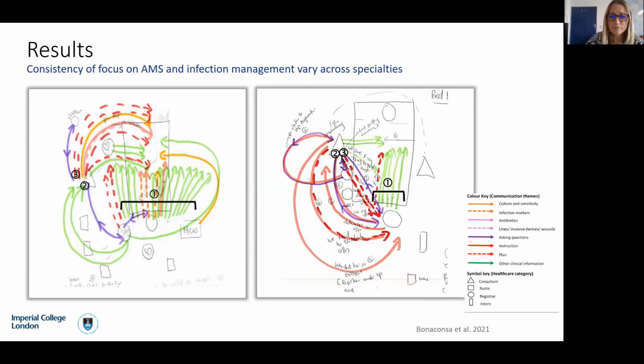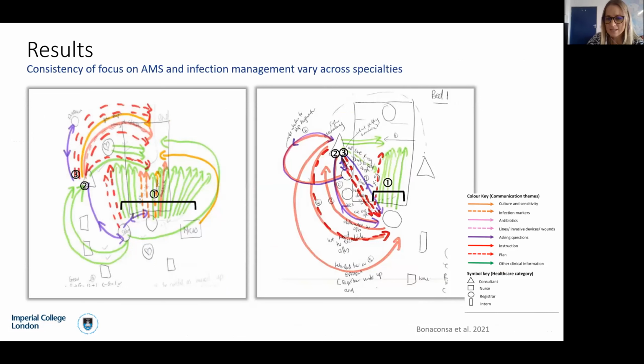The next result relates to the consistency of focus on AMS and infection management, which really varies across the specialties. On the left-hand side, we have a structured update, which routinely provides information on infection management. The lines are mentioned routinely, as well as the antibiotics, and those would be mentioned even if the patient didn't have an active infection.